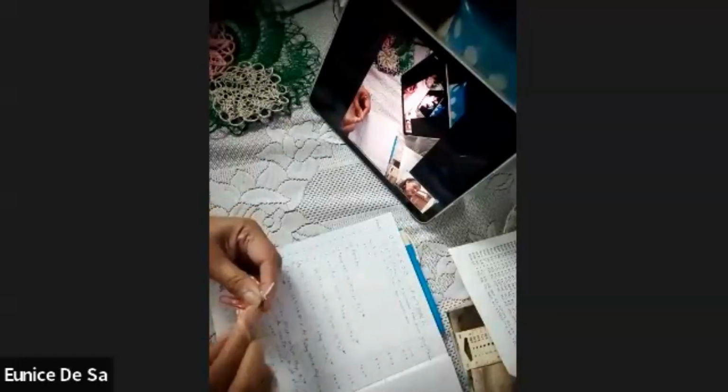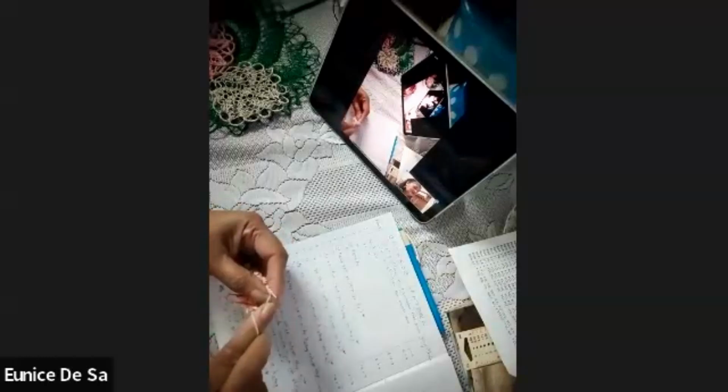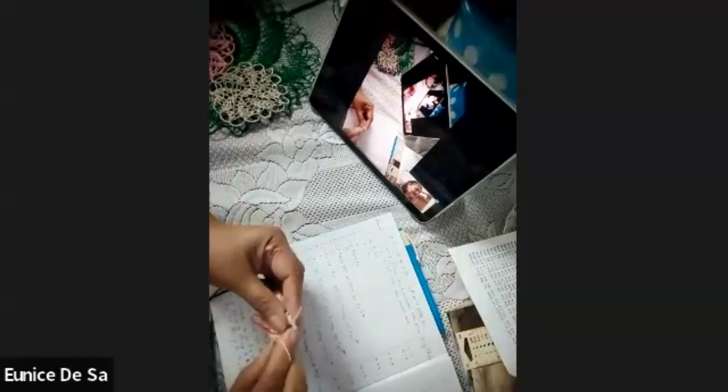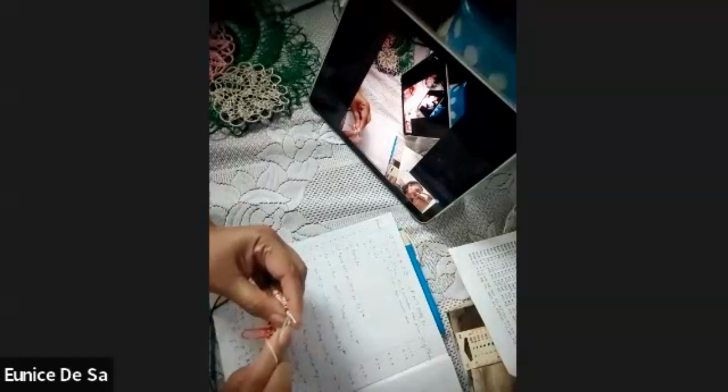Suppose I finished row number 16 and now I've reached number 17. 17 is knit all, but how? I'll show you. Consider this is row number 17 that I'm knitting. I will knit the normal way, as I'm knitting now, till the end.